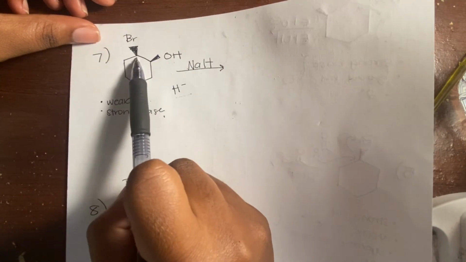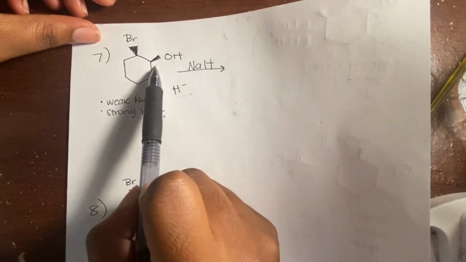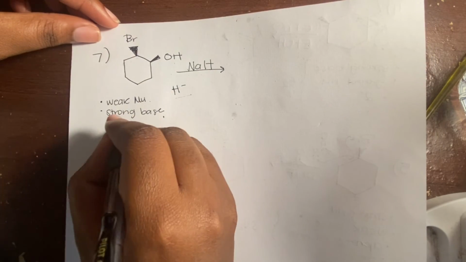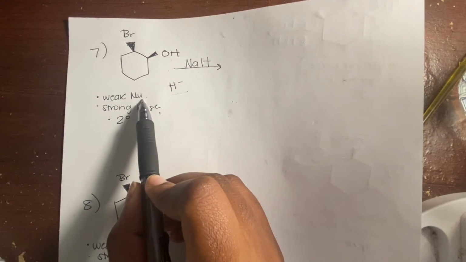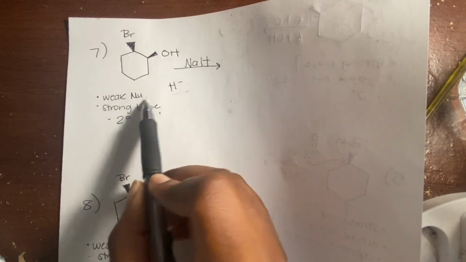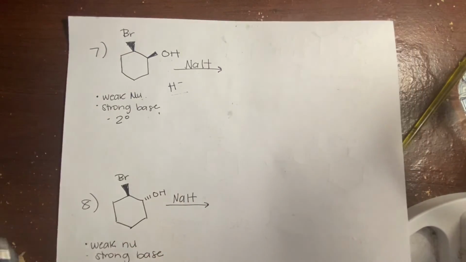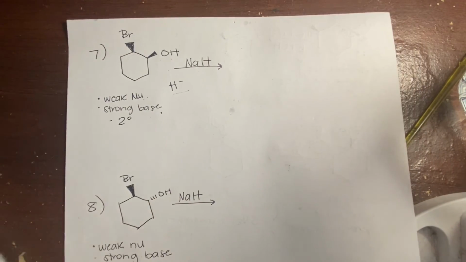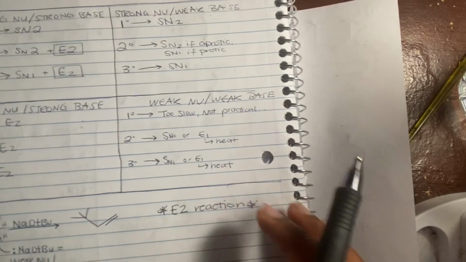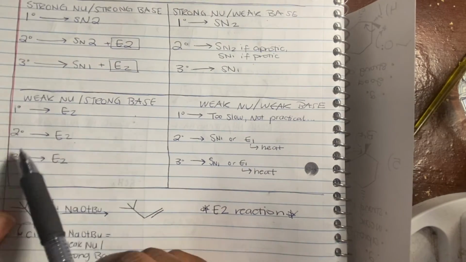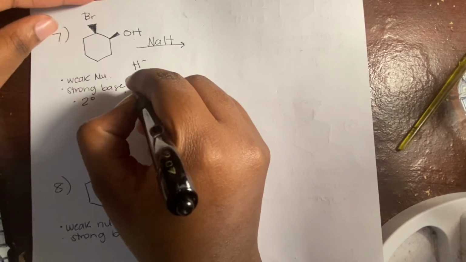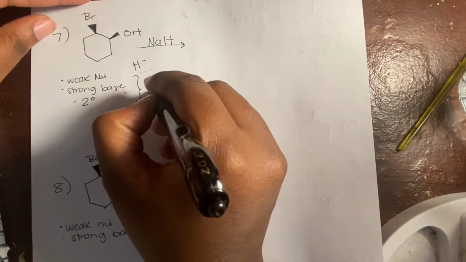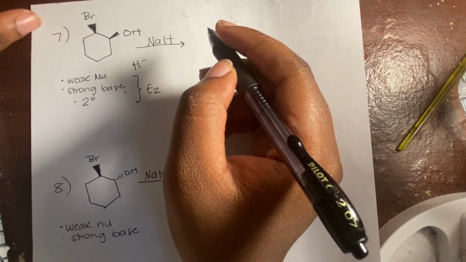The carbon that the bromine's attached to is attached to 2 carbons, making it secondary. We have a weak nucleophile, so we cannot do a substitution, but we have a strong base, so we can do an elimination. So weak nucleophile, strong base on a secondary, we know that's E2.